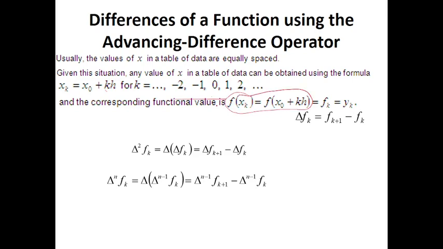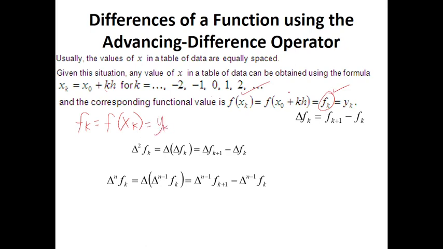Okay, so take note. In the table I have shown in the previous slide, f sub k is interpreted as f of x sub k, or simply y sub k.